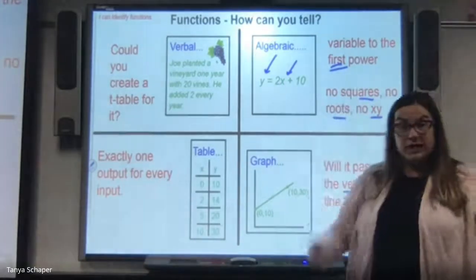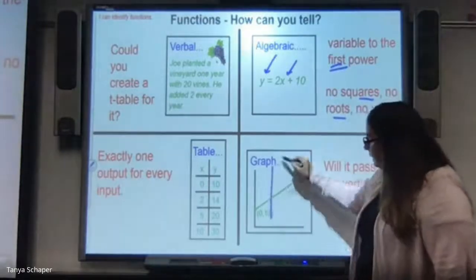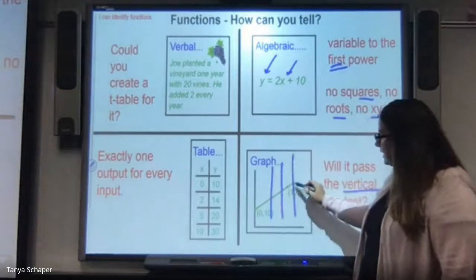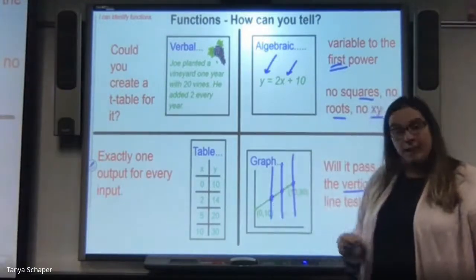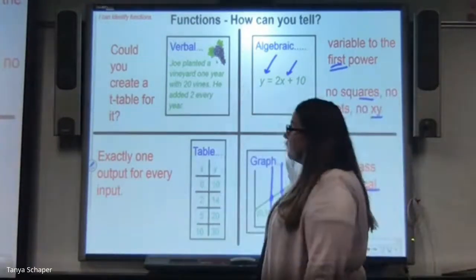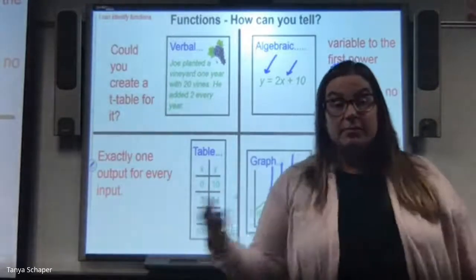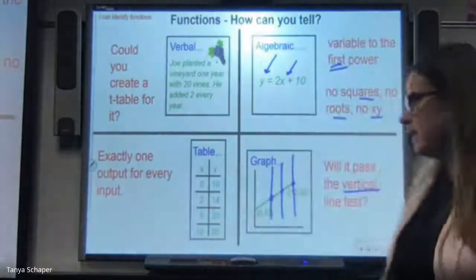So vertical goes up and down. What the vertical line test says is if you can draw vertical lines and only cross the line at one spot, you're good to go. So these are the different forms of functions. Feel free to replay and record in your packet that information.